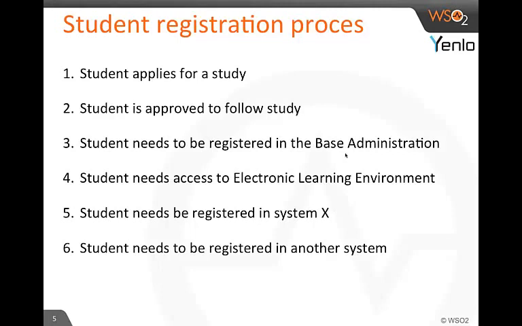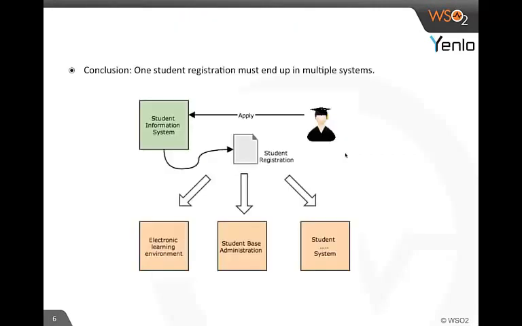So, conclusion: we need an architecture where student information can be derived from the student information system, and as soon as a student registration comes in, the student message needs to be delivered to multiple systems, which can be extended later on.